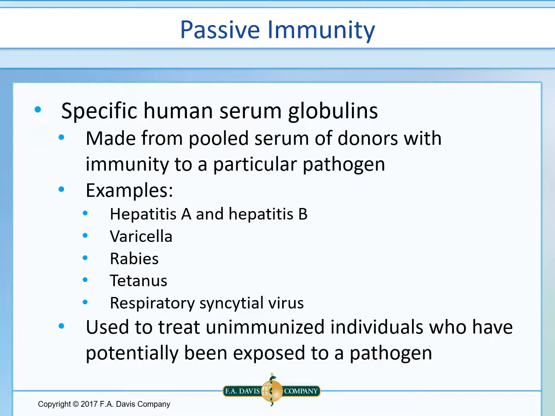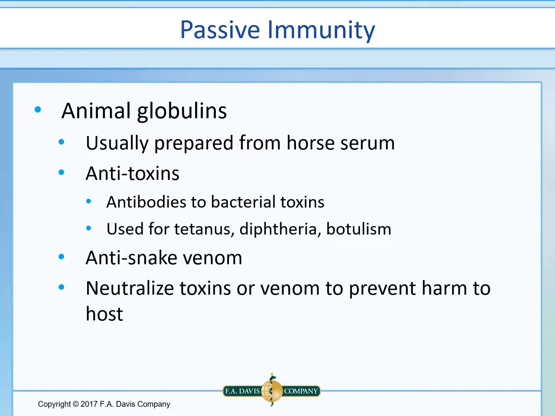Specific human serum globulins have been developed for a variety of infectious diseases, including hepatitis A and B, varicella, rabies, tetanus, and respiratory syncytial virus. Another type of serum preparation is using animal globulins.